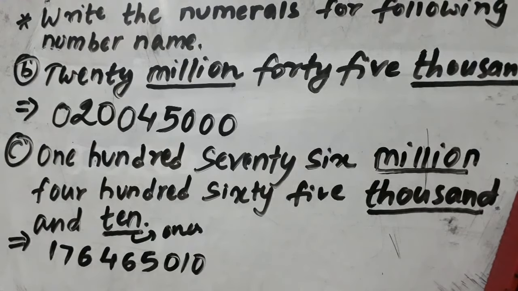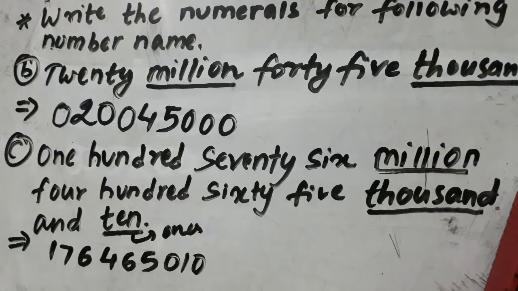Add 0 in front of 1, students, because here there was no place for 100. Ones, tens, 100, it wasn't mentioned for 100, so therefore I have kept 0. So students, to make 3 places I had to add 0 in front. In this way, 176,465,010.